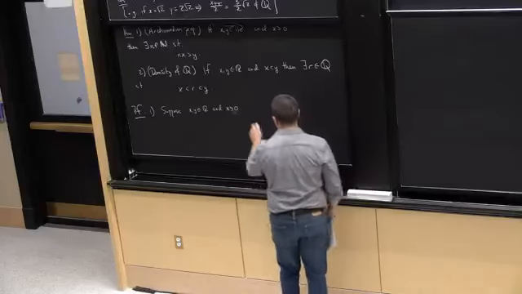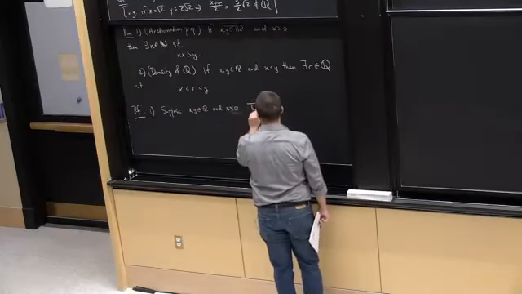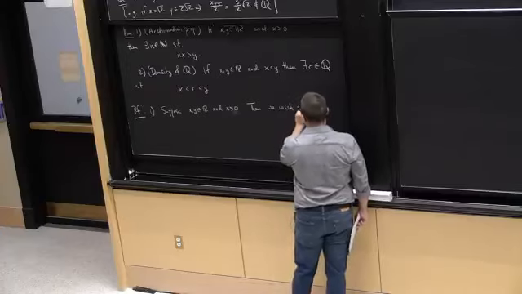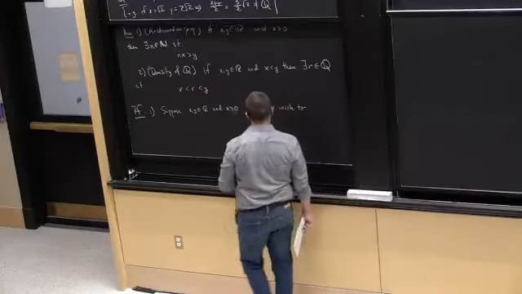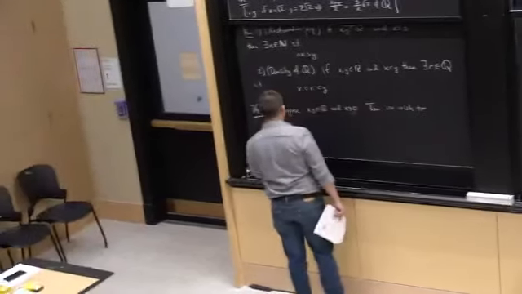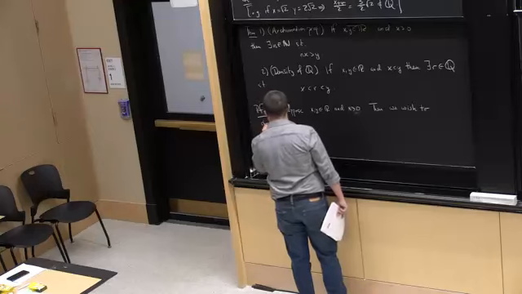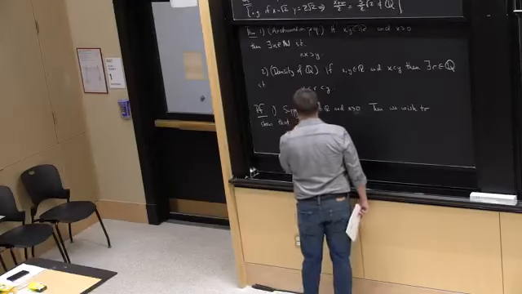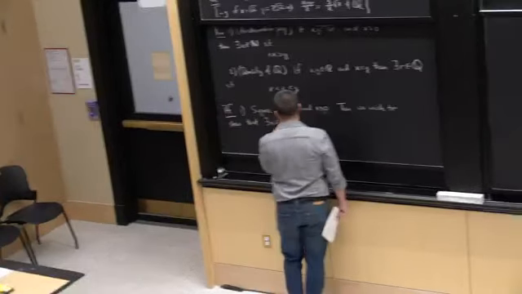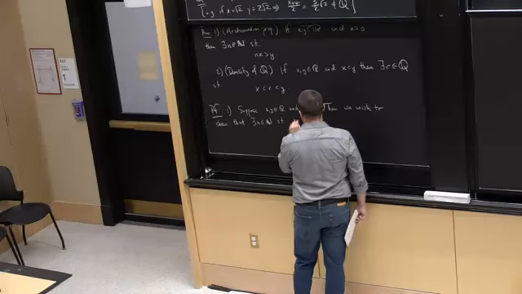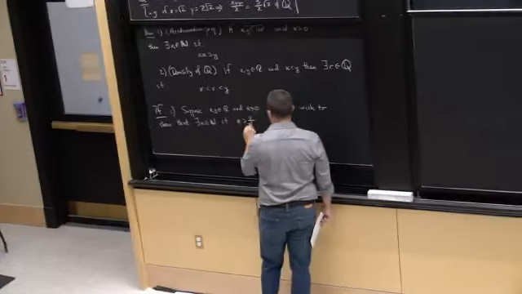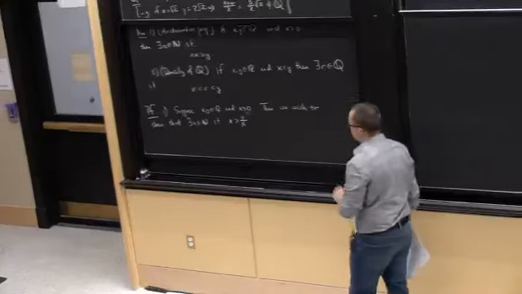So we wish to show (the word show you should read as synonymous with prove) that there exists a natural number n such that n is bigger than y over x. Okay, that's just restating that.